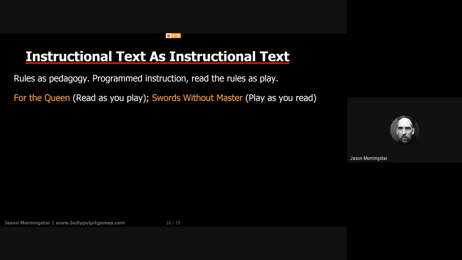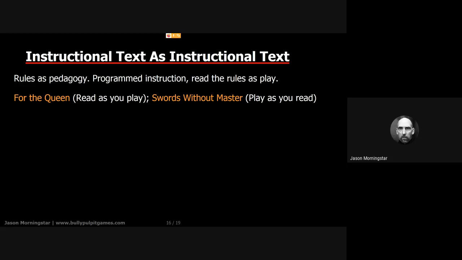For the Queen is a beautiful game that tells you how to play it as you read it. You can set the game down, and you're turning over cards that tell you how to play the game without any preamble, without any instruction. You just start playing, and the game teaches you what it's about. I think that's great.